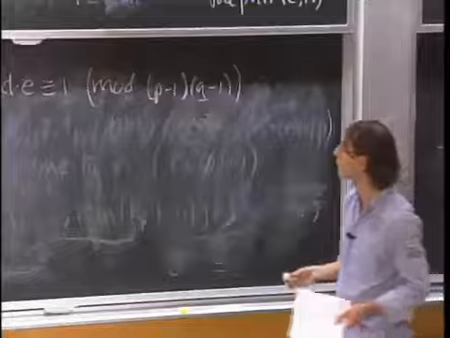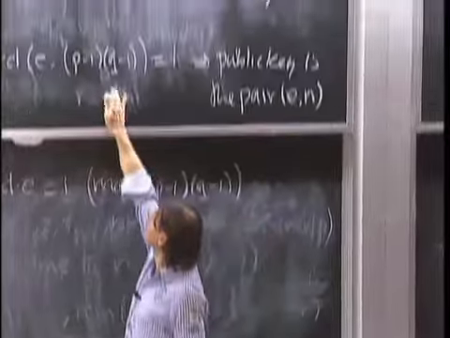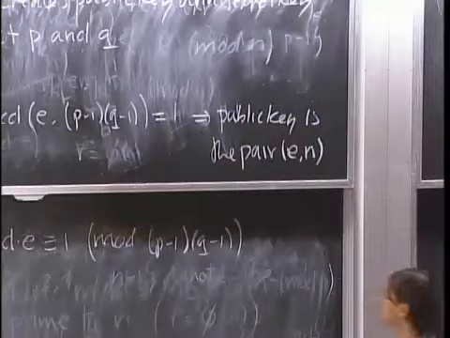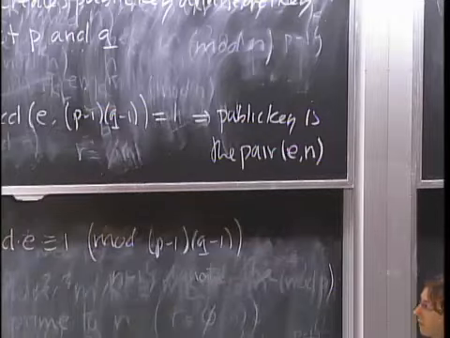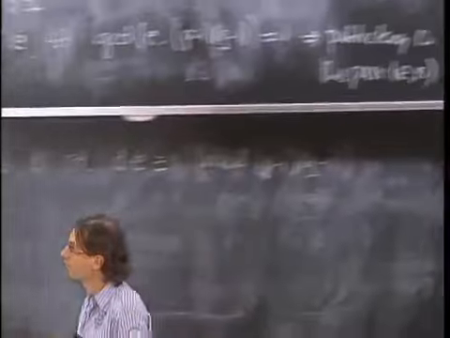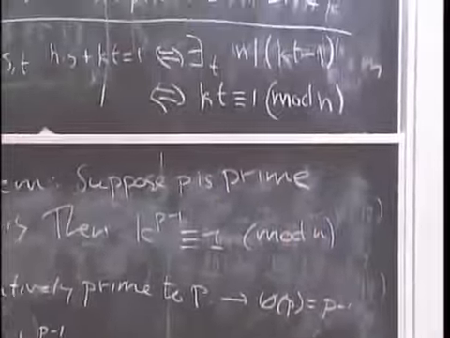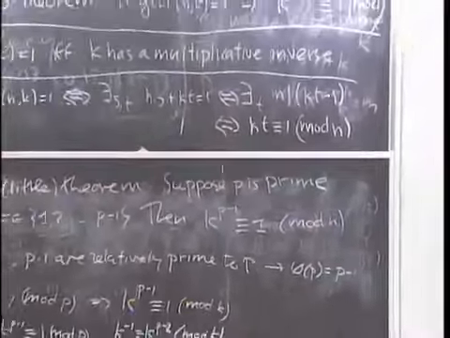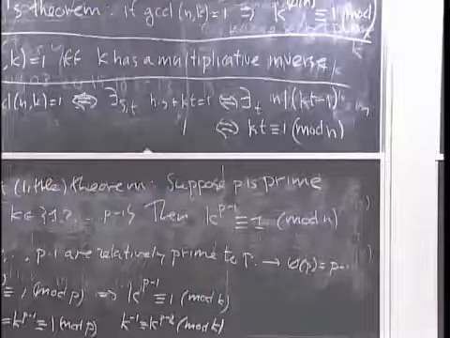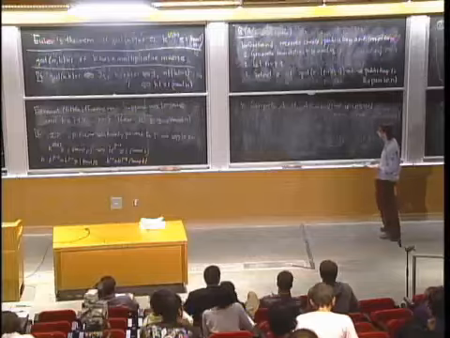Can we do this? Yes, because the greatest common divisor between e and that product is equal to 1, and we have shown over here that therefore it has a multiplicative inverse. So we know that the solution d exists, and we can also efficiently compute it.